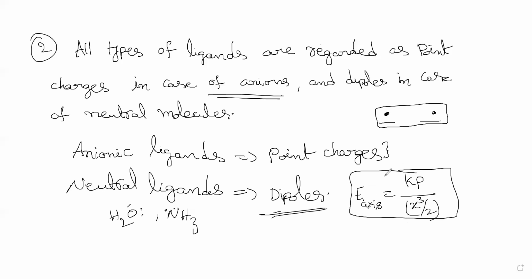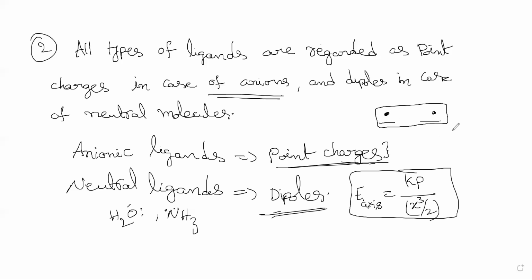So if the molecule is small, it is very easy to deal with. So theory wise, if the molecule is very large, the thing is that here anionic ligands are point charges. It looks like a very simple statement, but that's not simple.